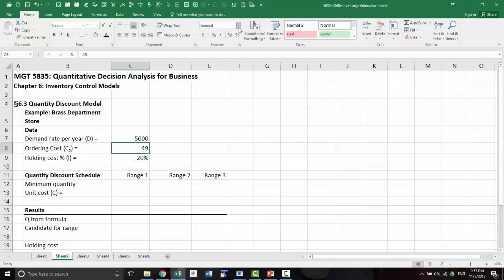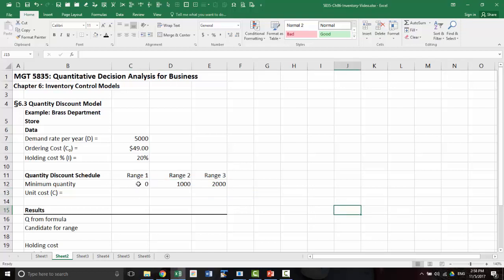Let's make that into a dollar, and let's set up the quantity range. We'll enter the minimum quantity for the range.